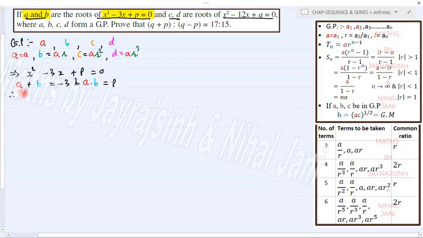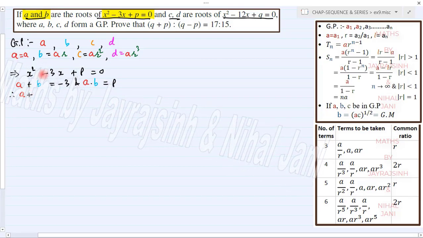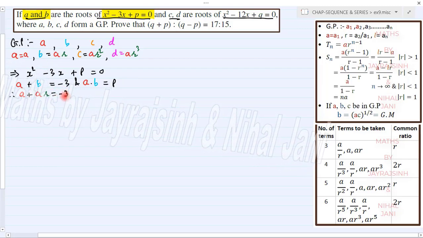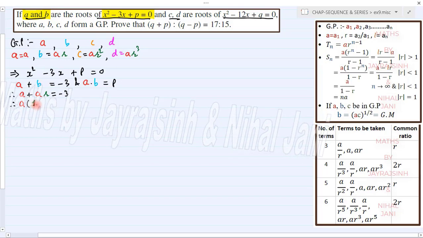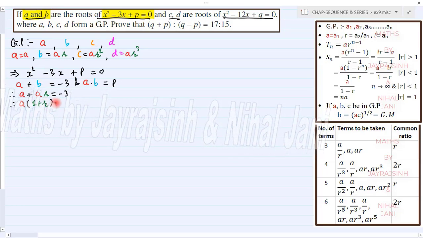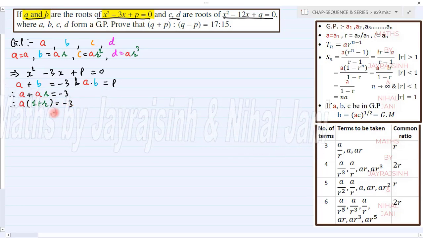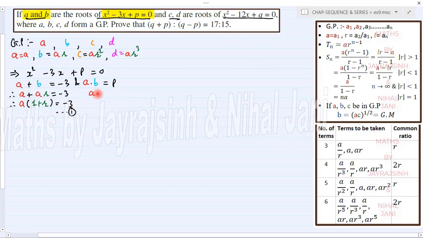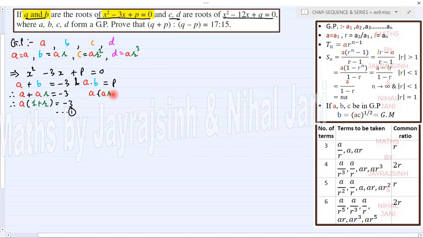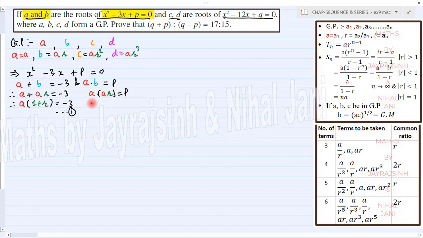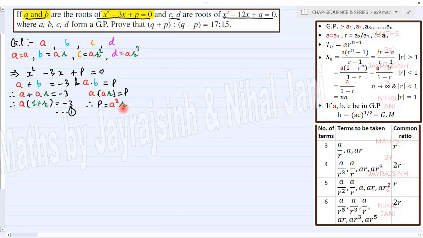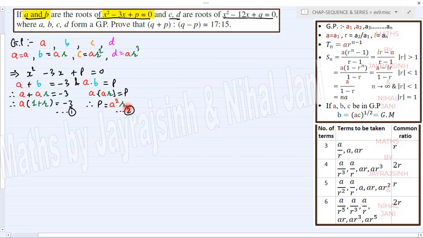Now a is a and b is ar. So here we'll get a into 1 plus r is equal to minus 3. Let's say this is your first equation. Similarly, a into ar will be p, or we can say p must be a square into r. Let's say this is your equation number 2.